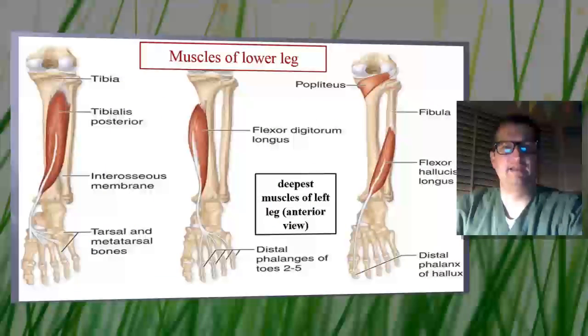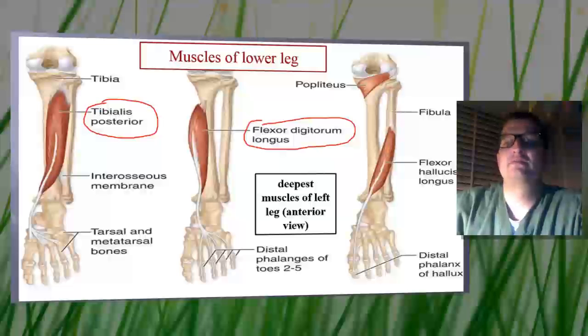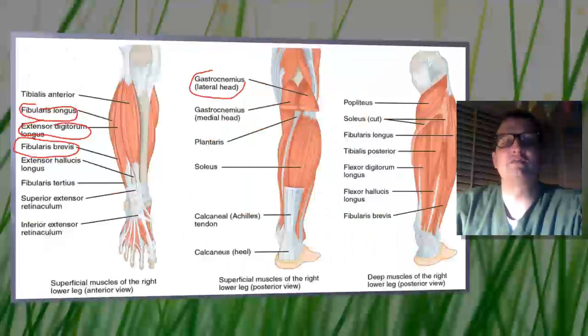Muscles of the lower leg, posterior: the flexor digitorum longus, and then the popliteus and flexor hallucis longus here, and that's really it. Posteriorly, you have the gastrocnemius, which is the calf muscle. You have the lateral and medial heads.